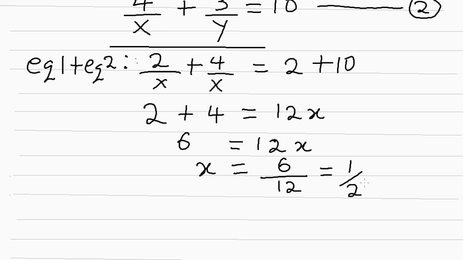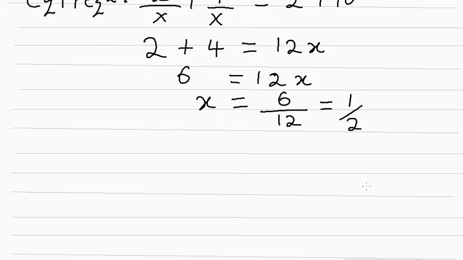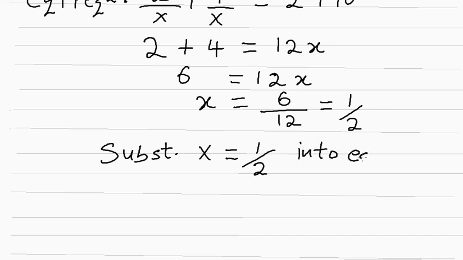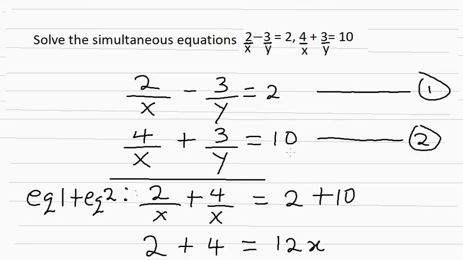So having gotten my x, I can now substitute to get the y. What I will do is substitute x equal to 1 all over 2. I can just take it to equation 1. You can take it to any equation. So I take it to equation 1.